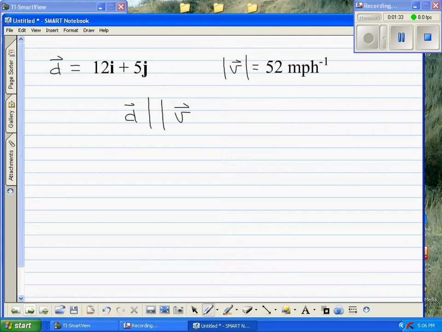And the definition states that there exists some constant, which we don't know, that's what we're going to look for, such that that constant k times vector d is equal to vector v. Now, using substitution, the d vector is (12, 5). And the velocity vector we don't know, so we give that variable names, x and y.